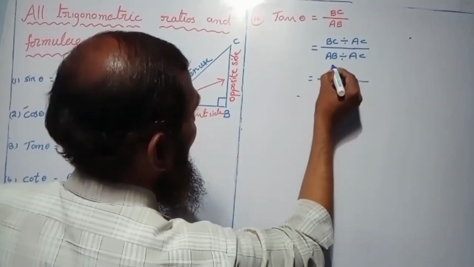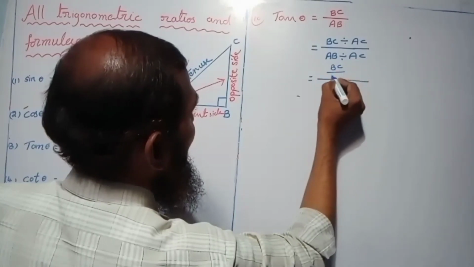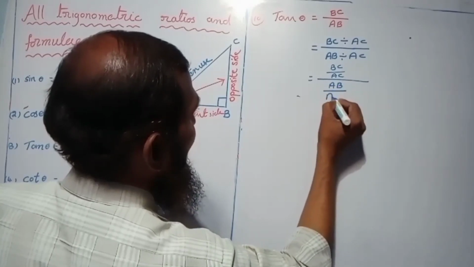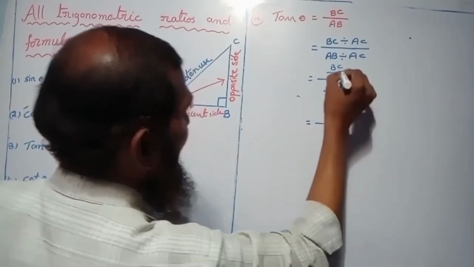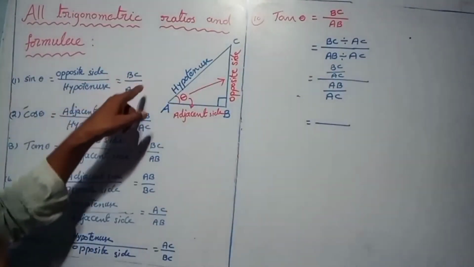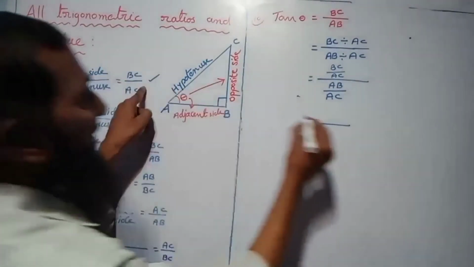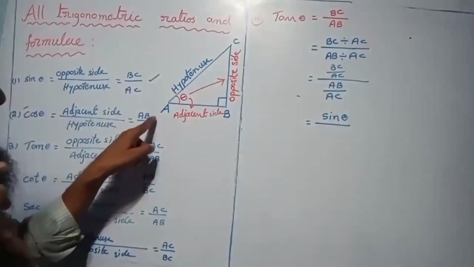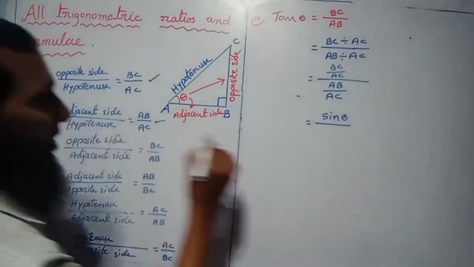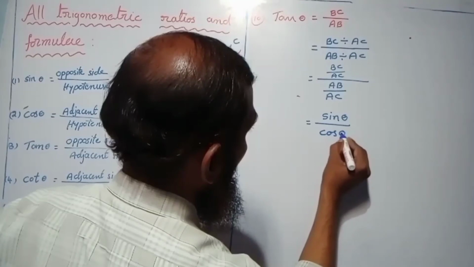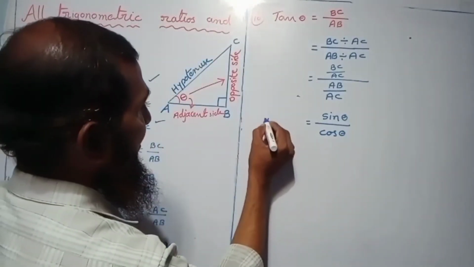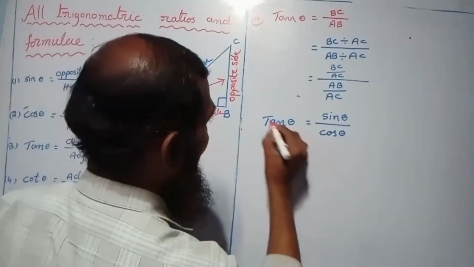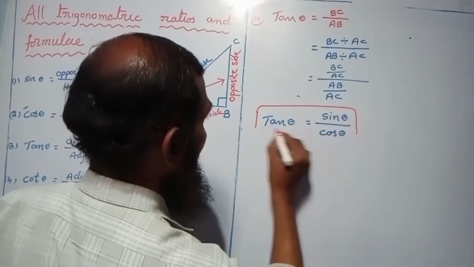So we should get BC by AC in the numerator, AB by AC in the denominator. What do you call BC by AC? BC by AC means sin theta in the numerator, and AB by AC. What do you call AB by AC? AB by AC is cos theta. So simply we have written tan theta is equal to sin theta upon cos theta. It is the 10th formula.